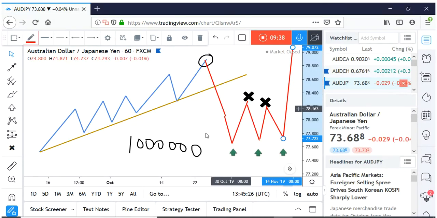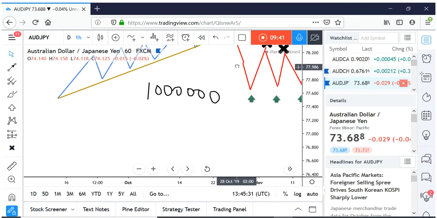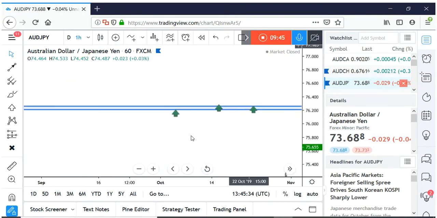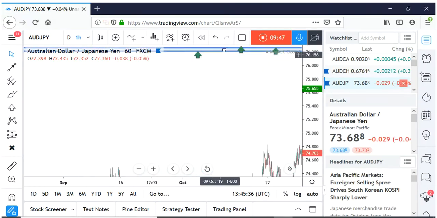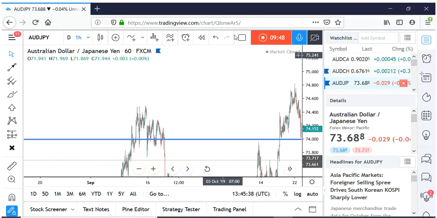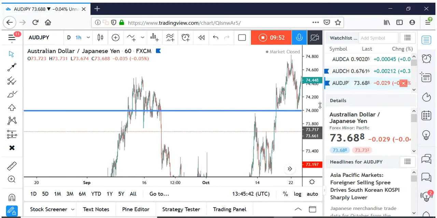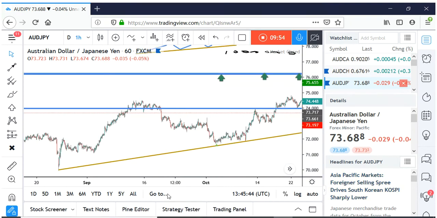So let's take a look at Aussie JPY on the 1 hour time frame to show you what is actually happening in a live market. In my previous video, we spoke about higher highs and higher lows, uptrend.